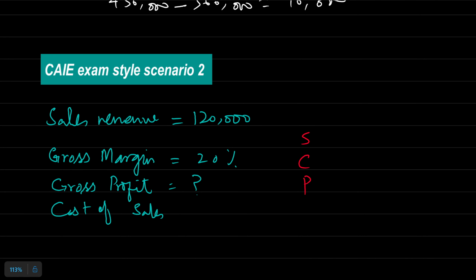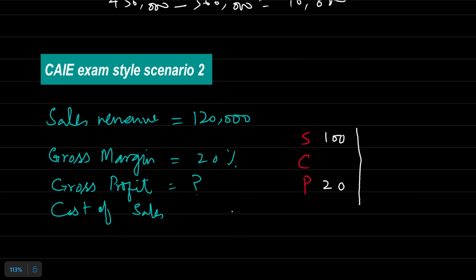When sales revenue is given, margin is given. So students, as we have already learned, margin is profit and margin is applied on sales. So if margin is 20%, write profit 20 and sales is 100.